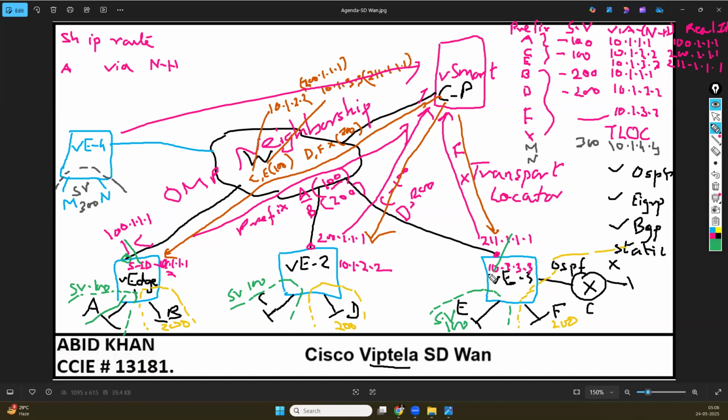So E is available via 10.1.3.3. This network E belongs to VH3. So it knows that VH3 is 10.1.3.3 and its real IP is known. So what will happen? There will be a VPN session from here, a tunnel.